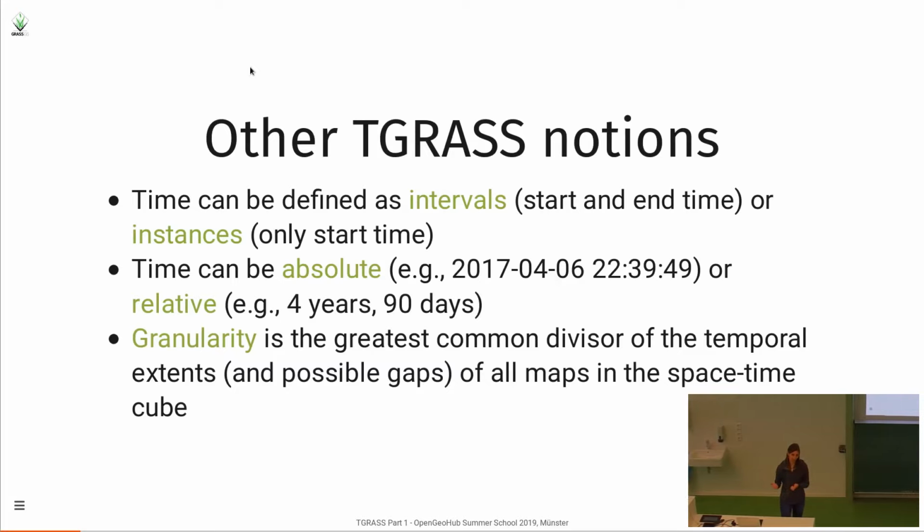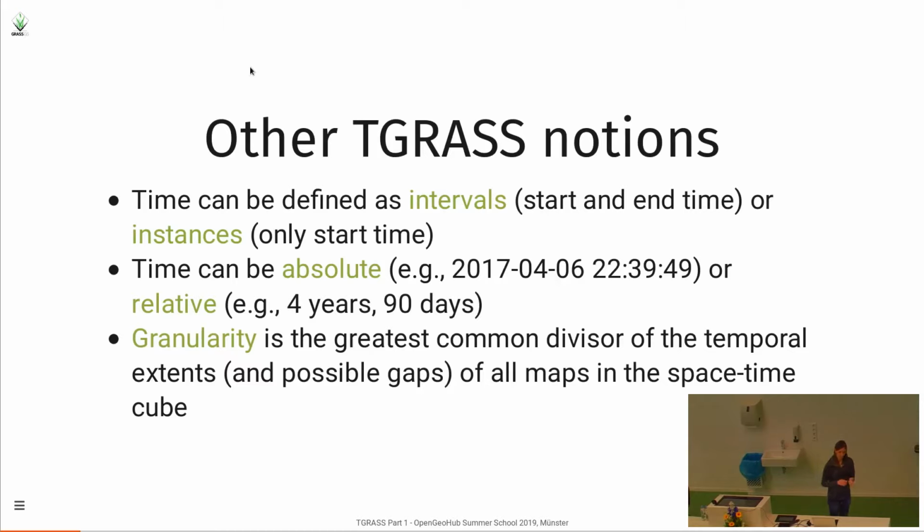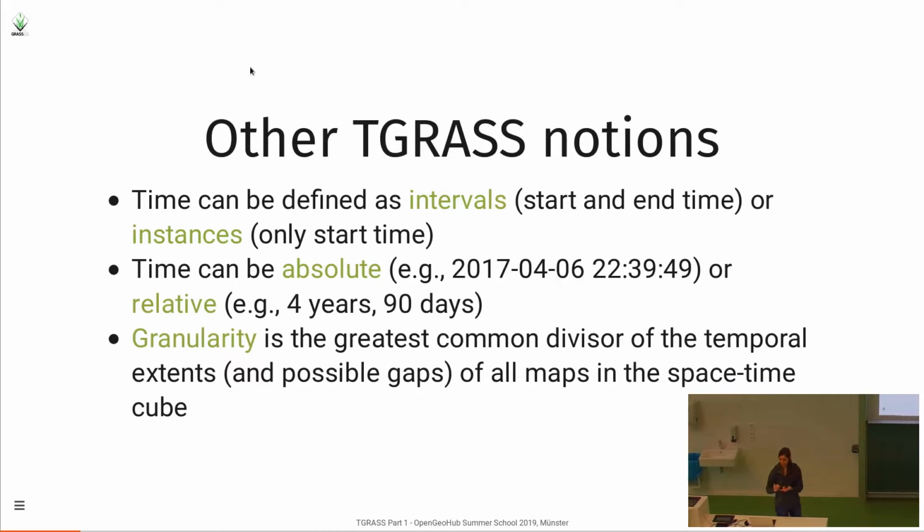Well, no, because the last image of each year has 4 or 5 days, because every 1st of January it restarts. And the greatest common divisor of 8, 5, and 4 will be 1. So the granularity of that time series will be 1 day. And that is important for different temporal operations that we have to do.